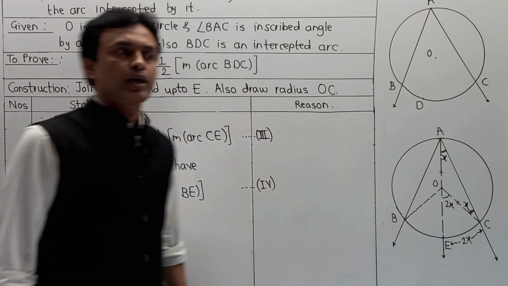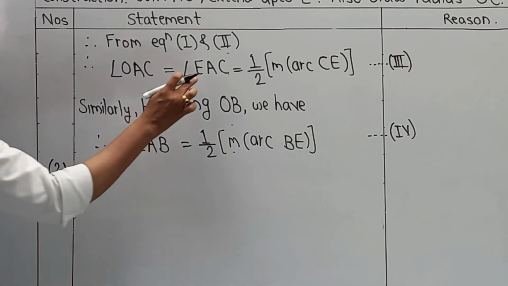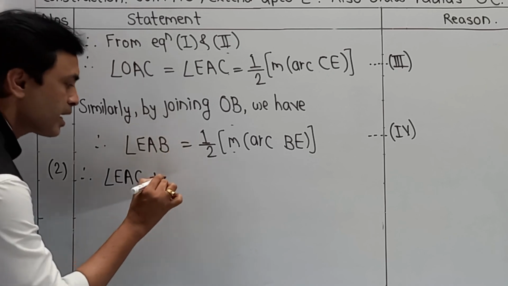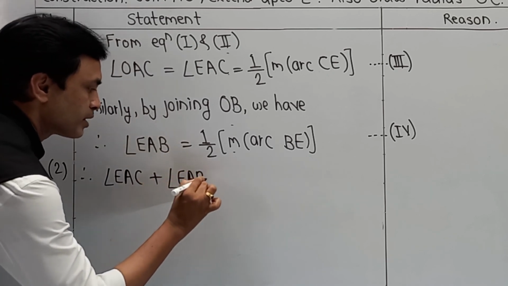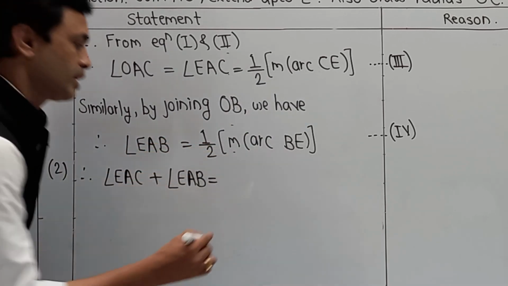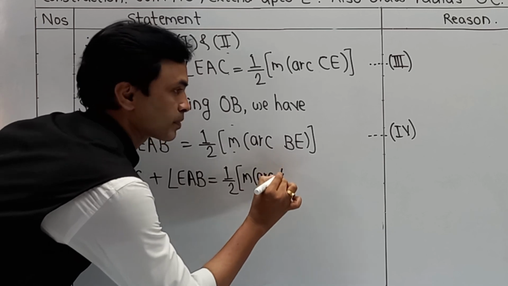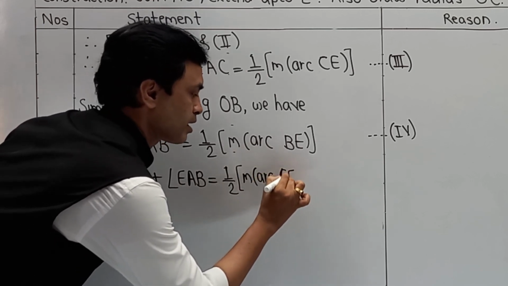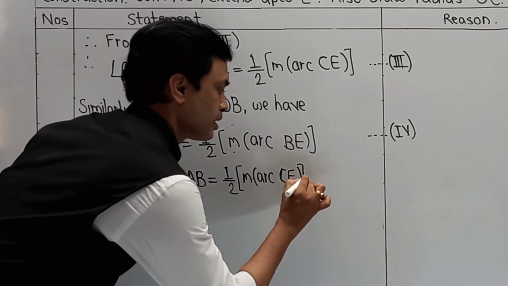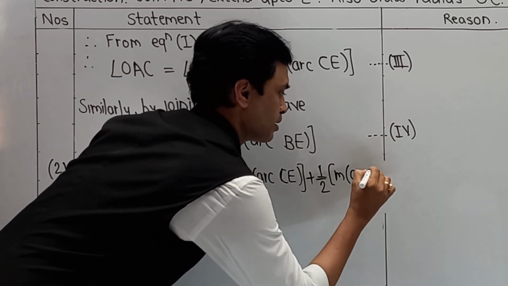Therefore, angle EAC plus angle EAB is equal to half of major arc CE plus half of major arc BE.